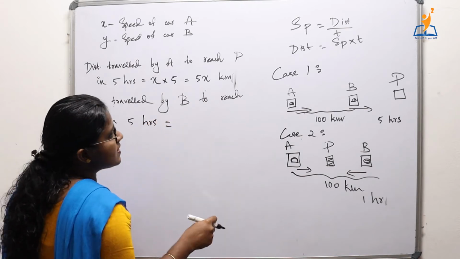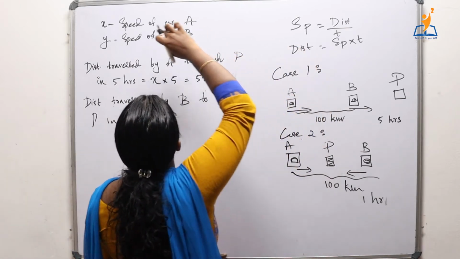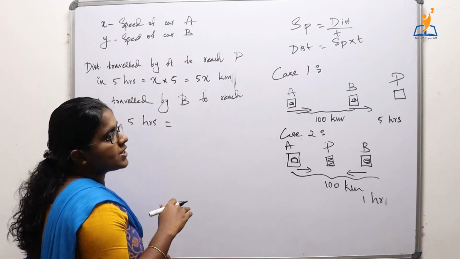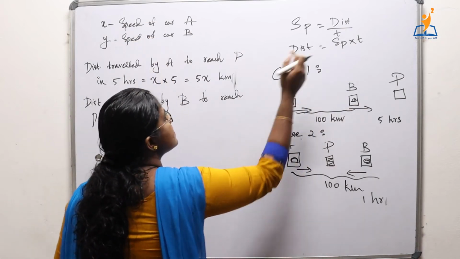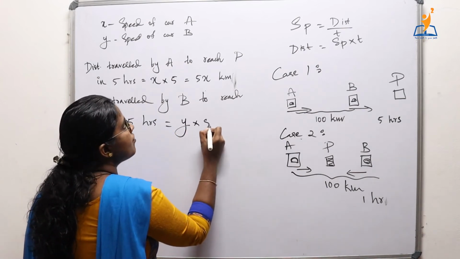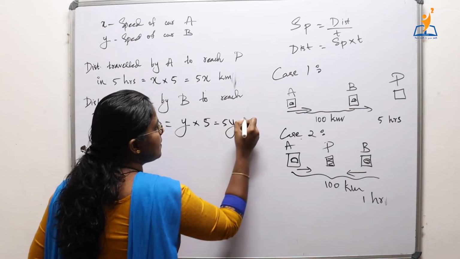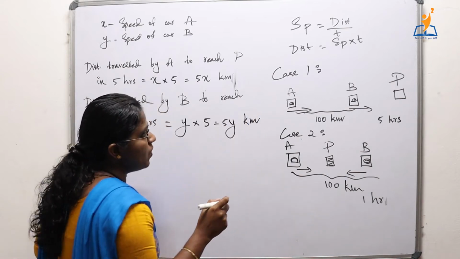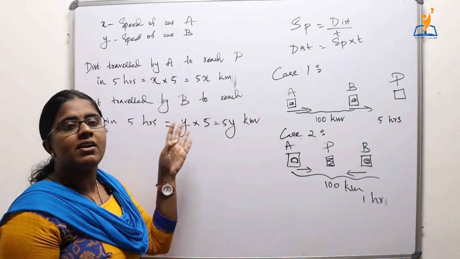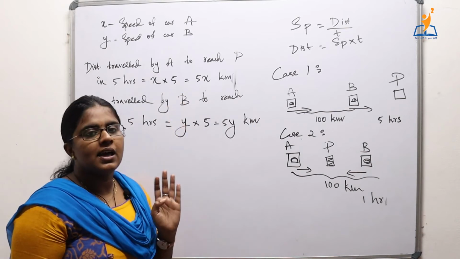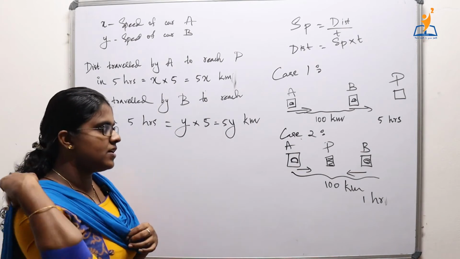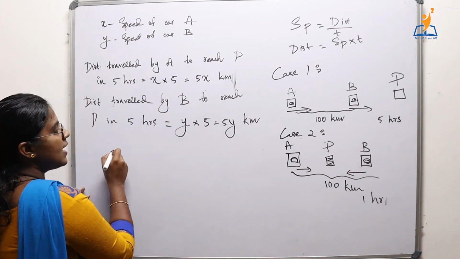In 5 hours, this car starting from B has speed y km per hour, so the distance travelled will be y into 5, that is 5y kilometers. So the car starting from A traveled 5x kilometers and the car starting from B traveled 5y kilometers.